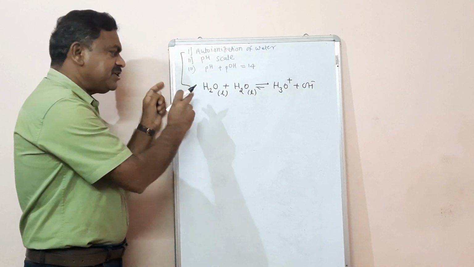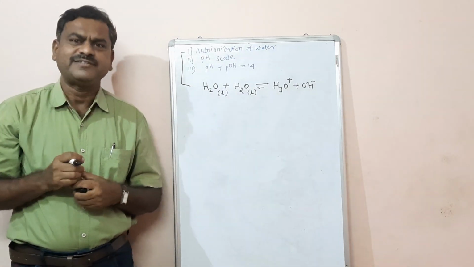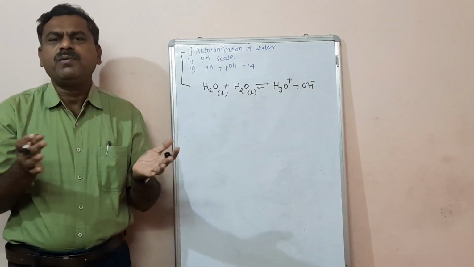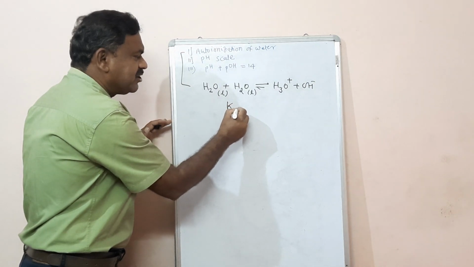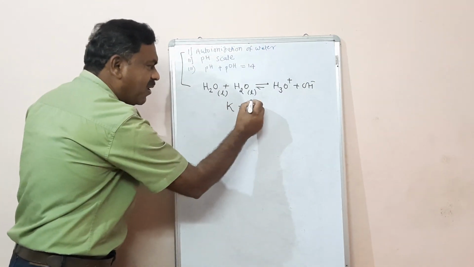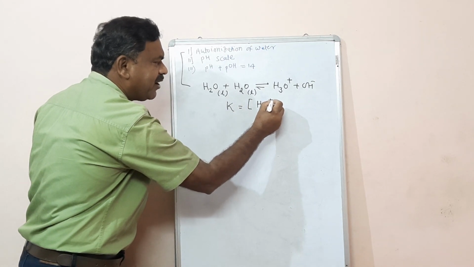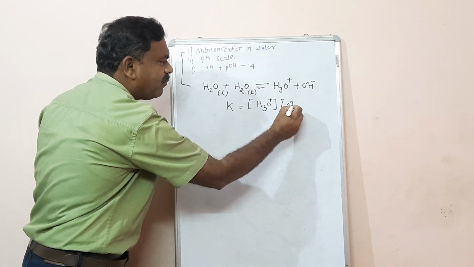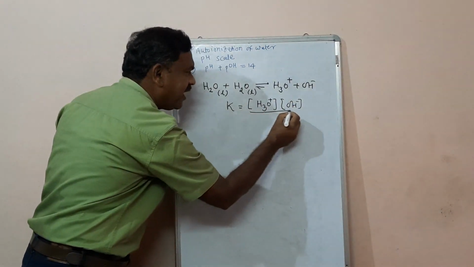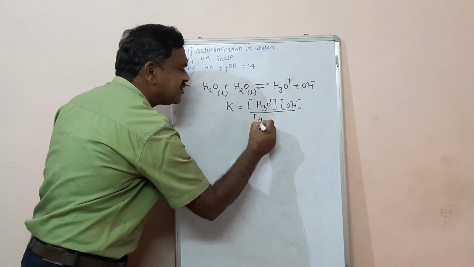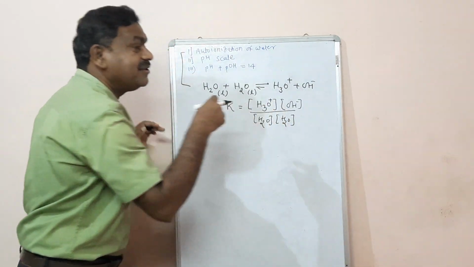Therefore, according to the law of mass action or equilibrium, the K constant is equal to the product of the molar concentration of the hydronium ions and the molar concentration of hydroxyl ions divided by the molar concentration of H2O and the molar concentration of another H2O.